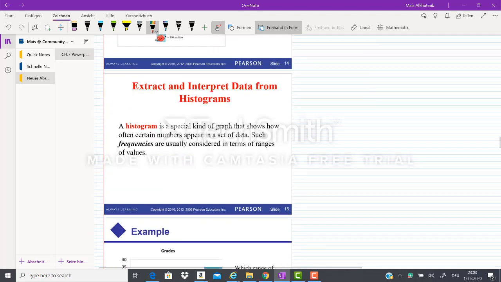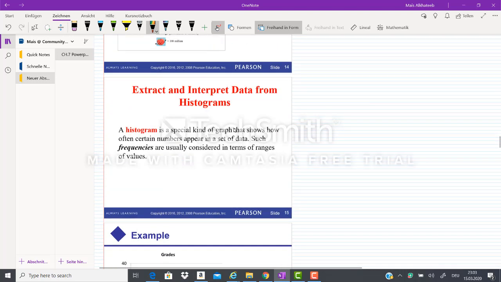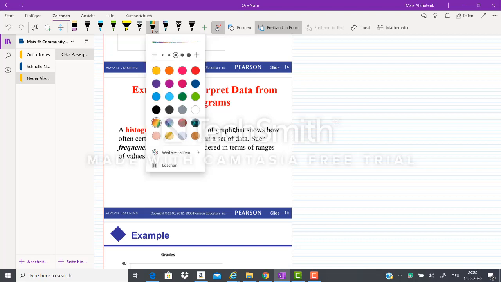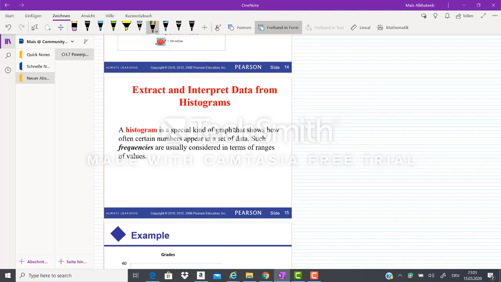Okay, now this was about pictograph. Now what about histogram? Histogram is very important for your statistics, inshallah. Histogram is a special kind of graph like a bar graph.